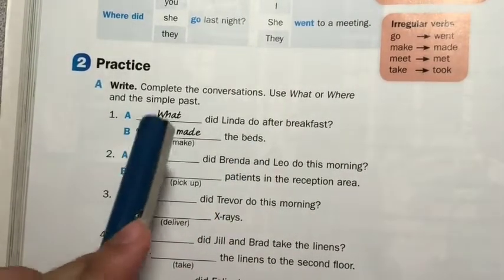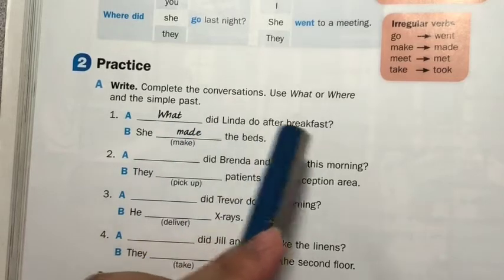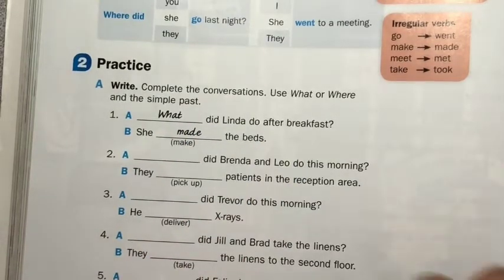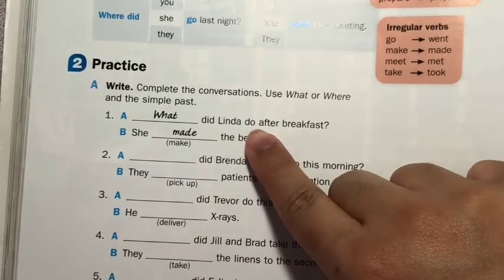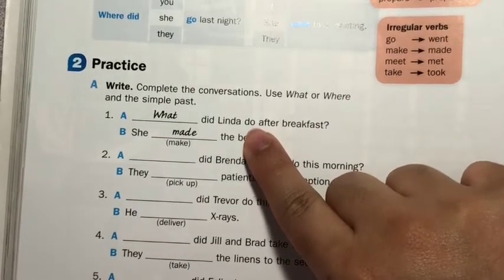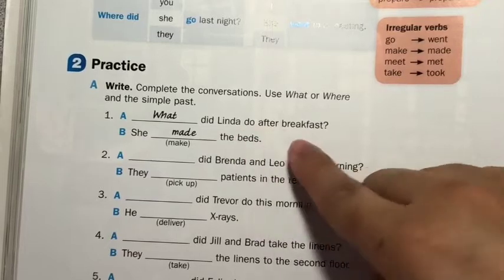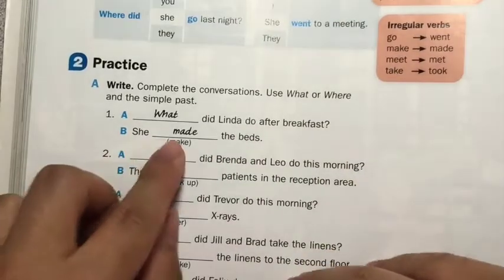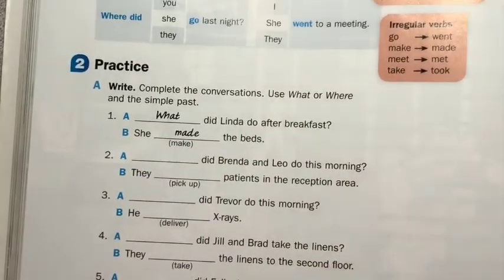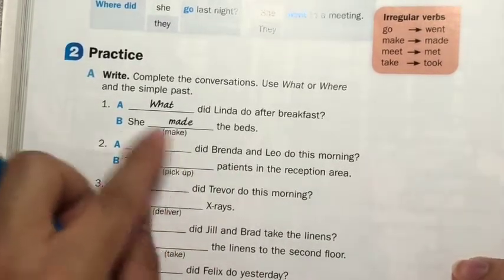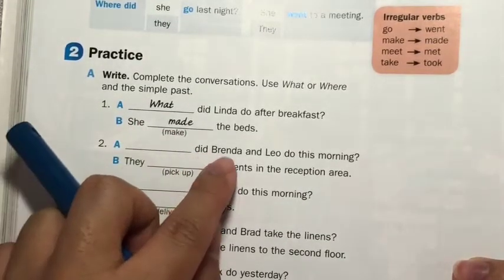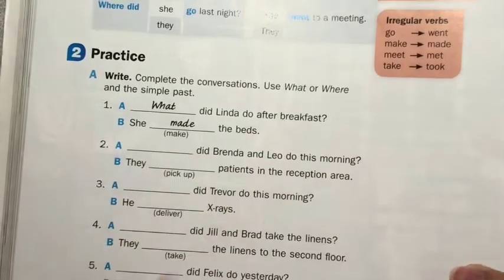So A, what did Linda do after breakfast? We know we're using what because in the question we're asking about do, when you do something. So what did she do after breakfast? She made the beds. Number 2, we're using what or where. Did Brenda and Leo do this morning?